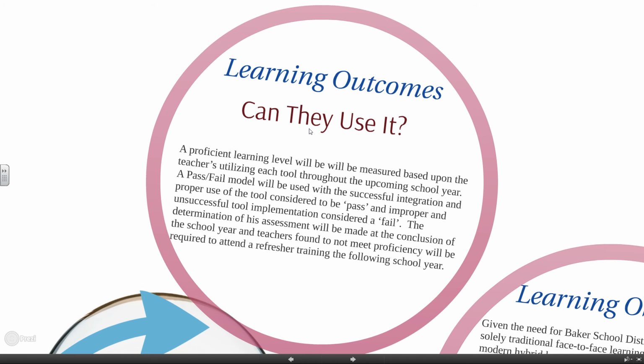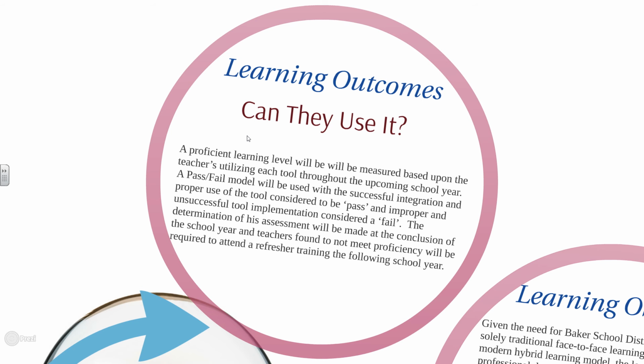And the big thing in the learning outcomes, once they've gone through the training session, is how can they actually use it? So to measure my learners, I wanted to make sure that it was based on the teachers actually utilizing the tool and the theory throughout the entire school year.